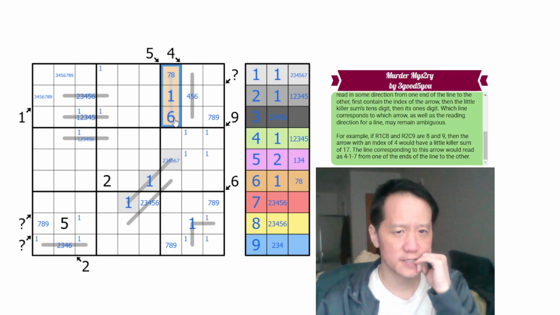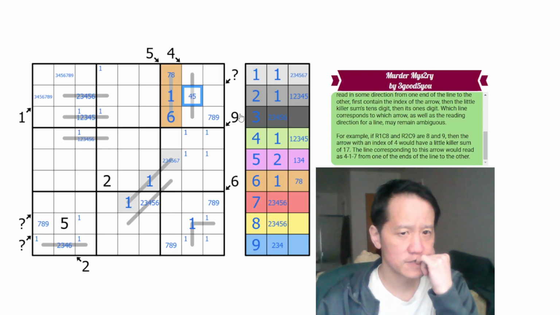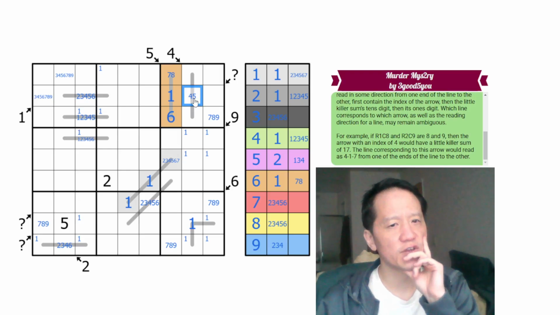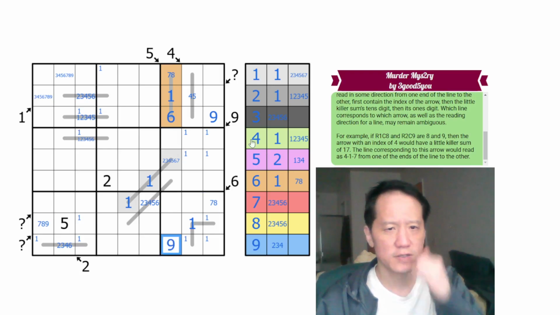Oh, that's interesting. So this one specifically has to be 4, 8, 9, or 5, 7, 9. In either way, this is a 9. So this can't be 9. I think this has to be a 9 also, right?